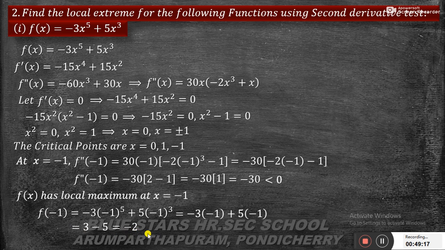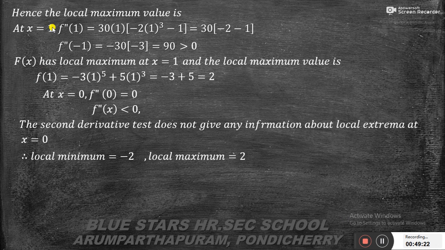So next we calculate x equal to 1. Now I substitute x equal to 1 in the f double dash. The equation is f double dash of x equal to minus 60 x cube plus 30x. So I substitute x equal to 1: minus 60 into 1 cube means minus 60, plus 30 into 1 means plus 30.